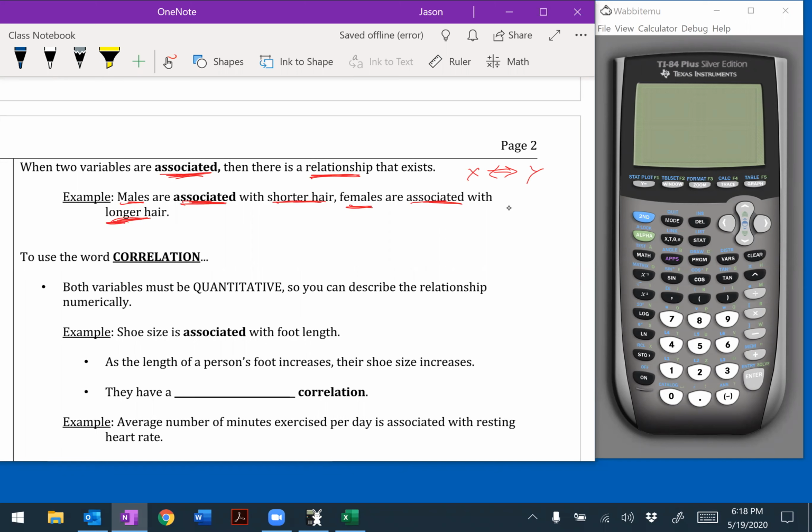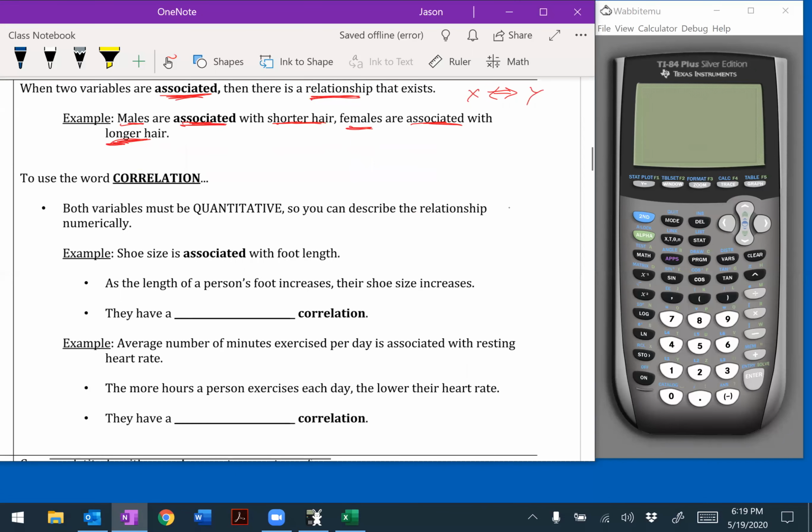It's an association. To use the word correlation, both variables must be quantitative. It must be numerical values, so you can describe the relationship numerically. Example, shoe size is associated with foot length. That's how you measure your foot length, is a certain shoe size.